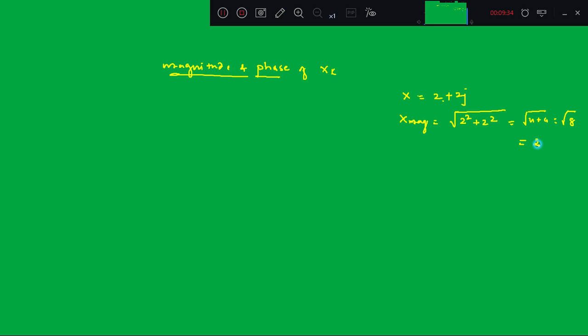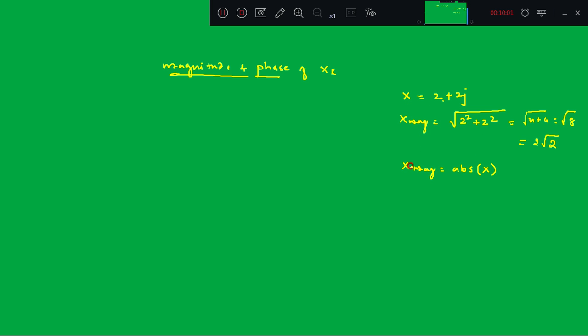So how much will you get? 2 times root 2. But in Scilab, it is very simple to calculate the magnitude value by using a function known as abs. So abs will calculate the magnitude by simply taking the square root of the real part square plus imaginary part square. So it is abs of xk, and it will give the magnitude.